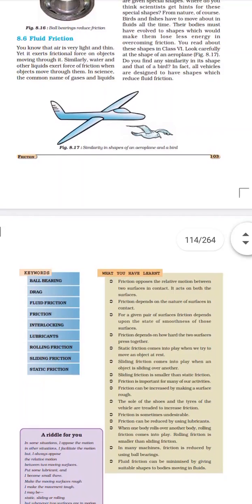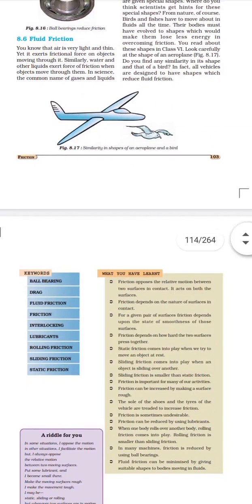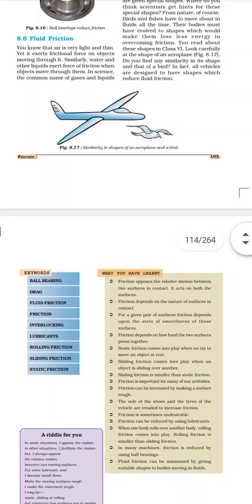A rolling ball stops because of frictional force. We are able to walk because of frictional force. Frictional force is the force applied by the surface on an object moving on it.